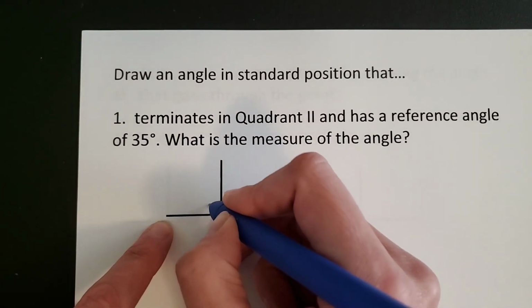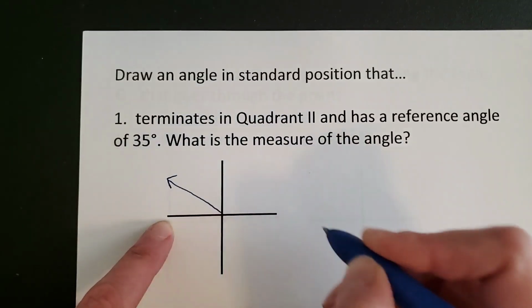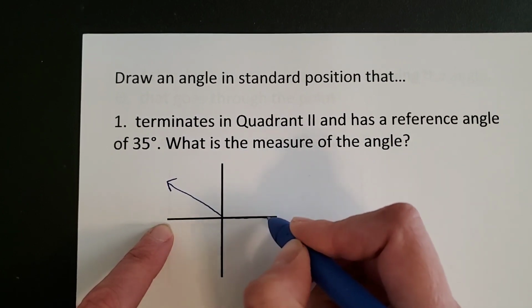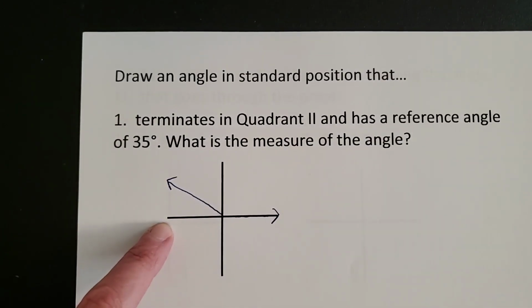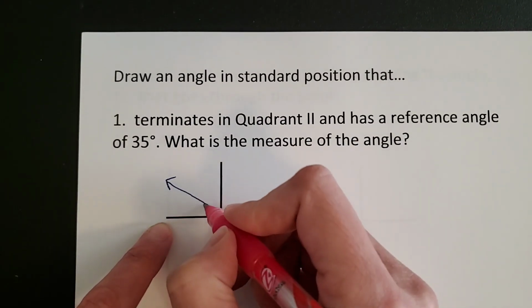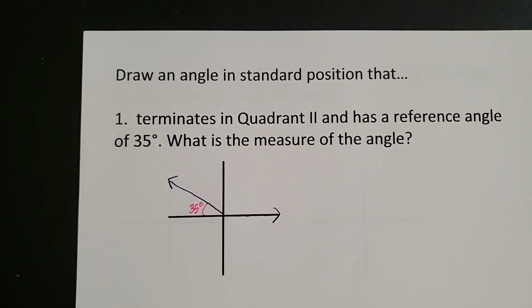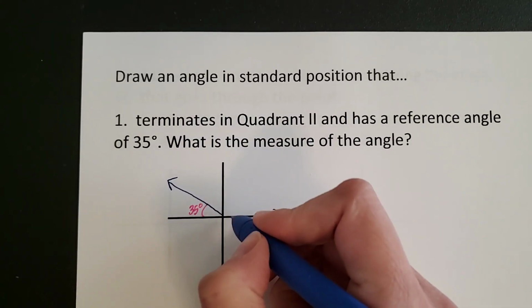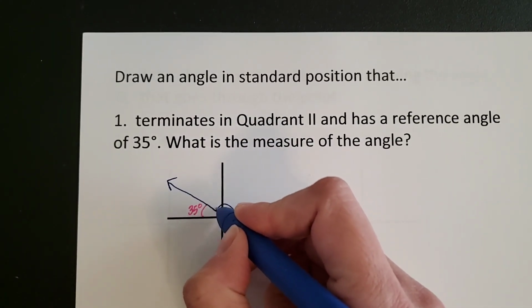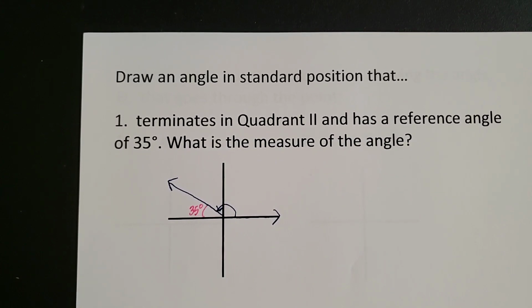So I'm just going to, I don't know that that's completely accurate, but I'm going to call it that. And I will label this 35 degrees, and that's the beauty of a math diagram. Once you label it, it is. So I am looking for that angle. That's the one I want. What would the measure of that be?